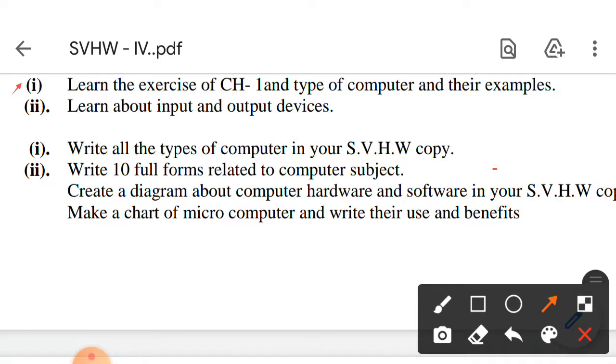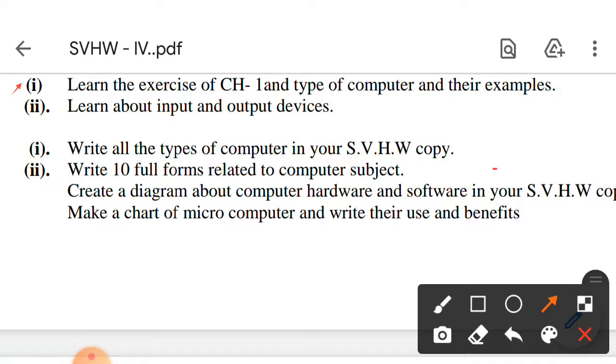You have to write 10 full form like www, LCD, LED, CRT, PC, MU, CU, these all. And you have to create a diagram about computer and software in your SPSW copy. And you have to also make a chart of microcomputer and you have to write their uses and benefits.